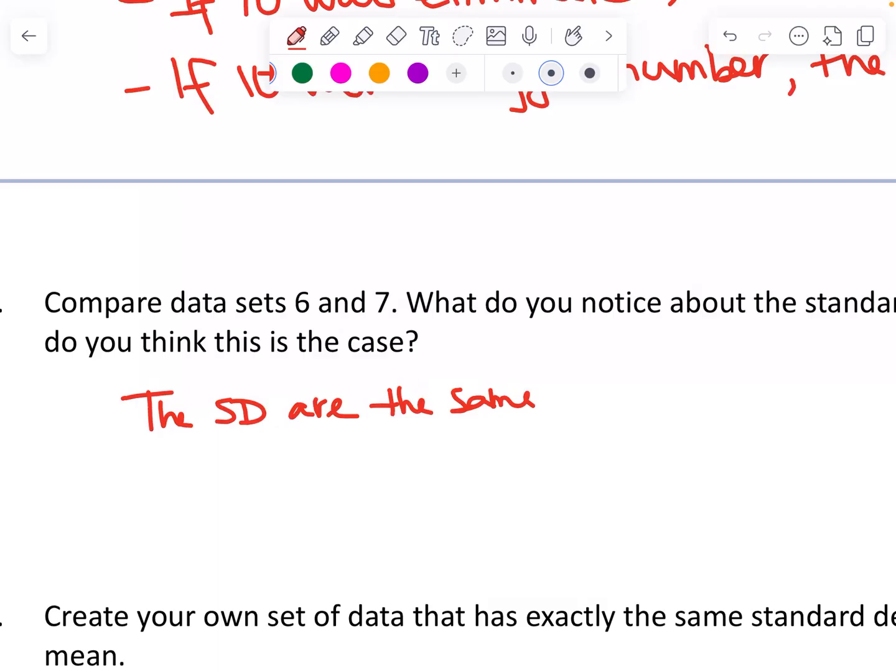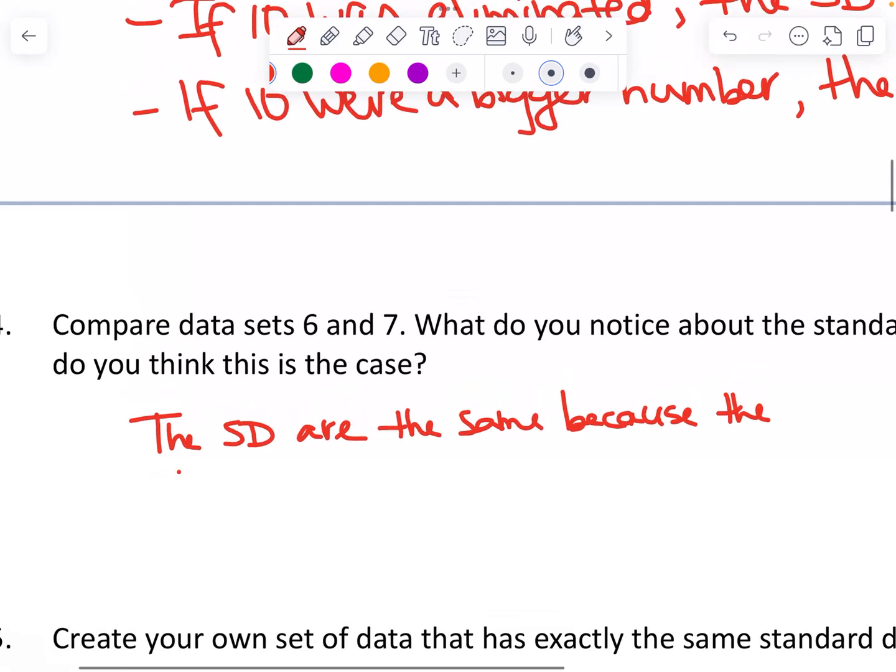Because the data points are spread exactly the same distance apart.